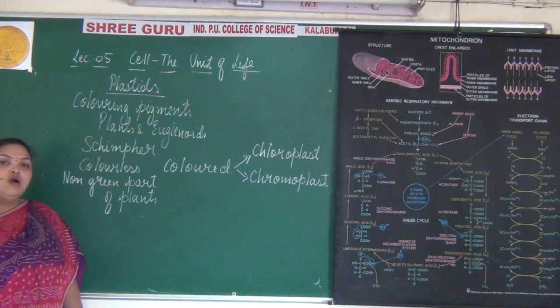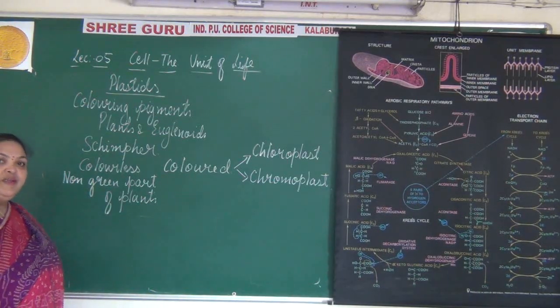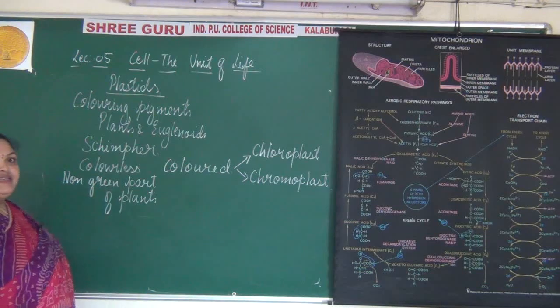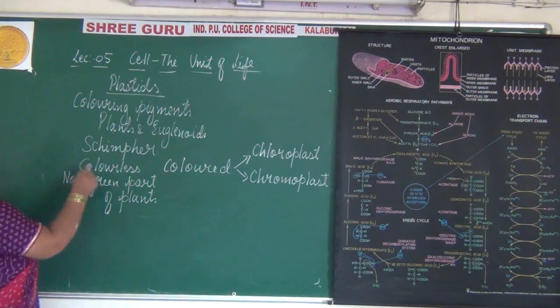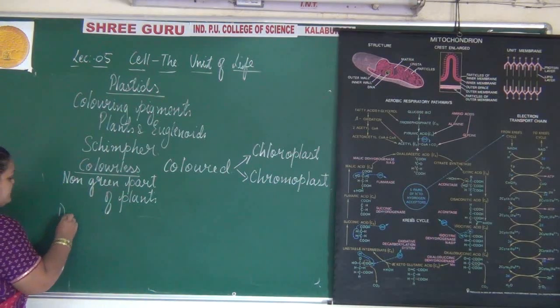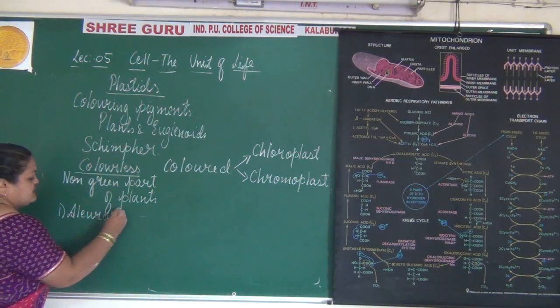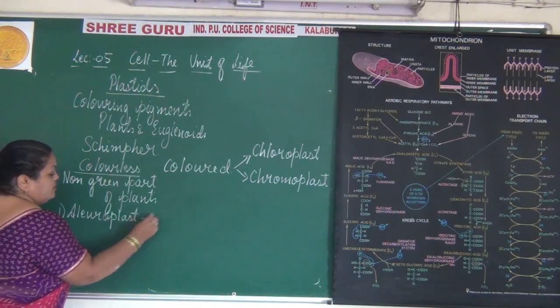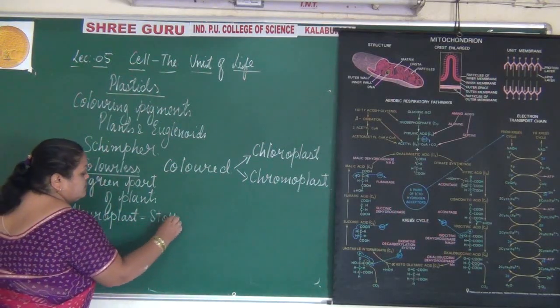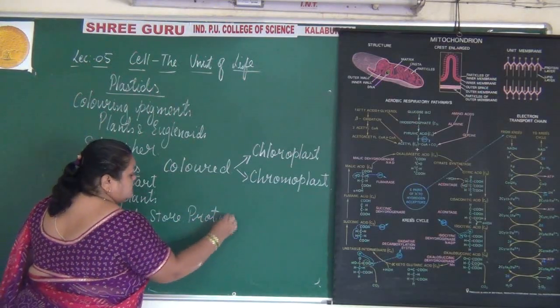Now, based on the substances they store, the reserve materials that they store, they are classified. The colorless plastids are classified as aleuroplast, which store proteins.